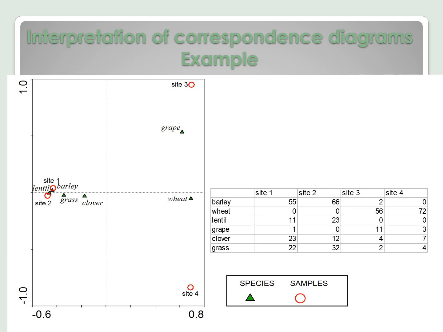So, the position of each sample is shown relative to all other samples and to all the species, and of each species relative to all other species and to all the samples in the analysis. In correspondence analysis, the first principal axis, which is the horizontal axis, accounts for the largest proportion of variation, that is, has the highest eigenvalues among the data.